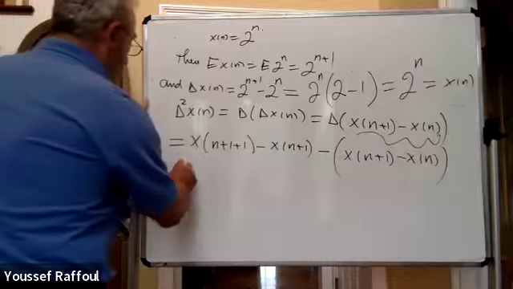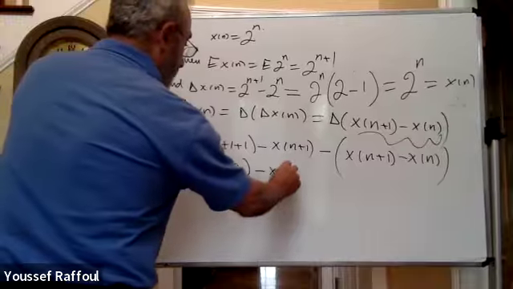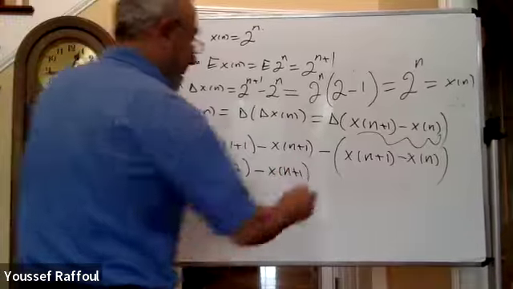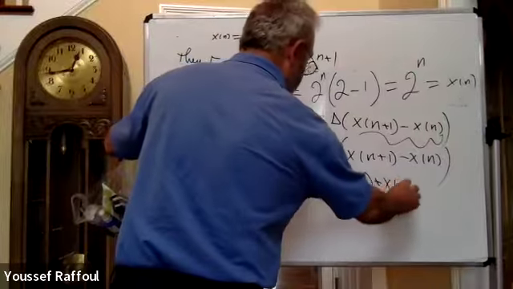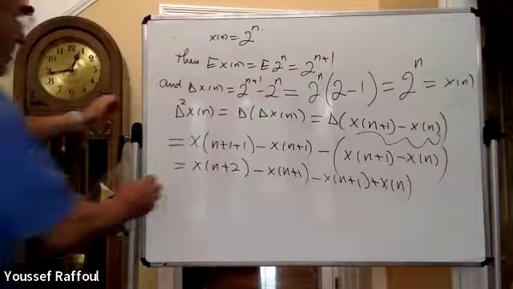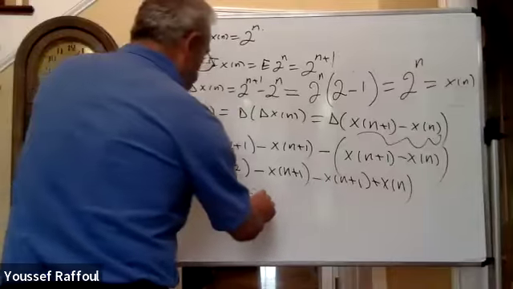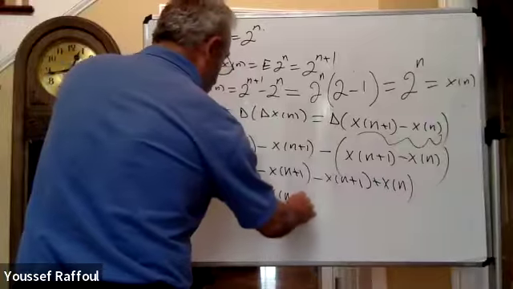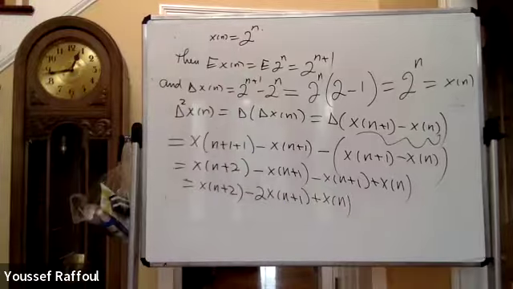And so this is x_{n+2} - x_{n+1} - x_{n+1} + x_n. Okay? So that is equal to x_{n+2} - 2x_{n+1} + x_n.